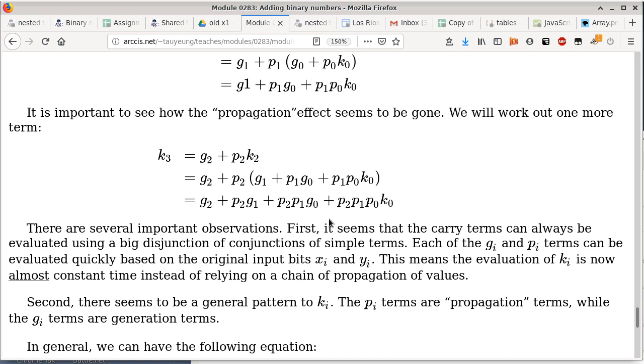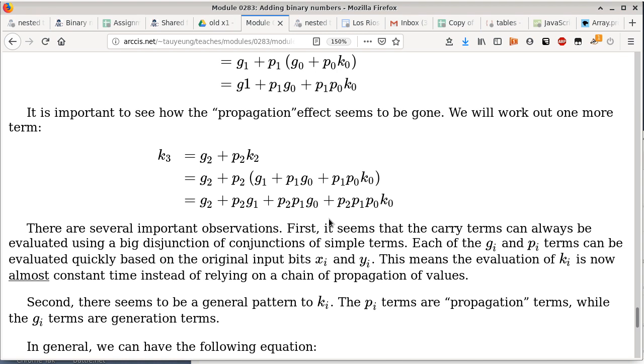Well, let's see. Your K3 is making use of K1 and K2, and that's why there's a problem. Because if you make use of K1 and K2 in your K3 circuit, then you're defeating the whole purpose of using carry look ahead. Your K3 circuit is supposed to be not this, this is what your K3 circuit should look like.